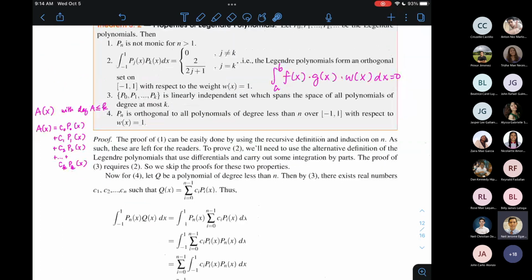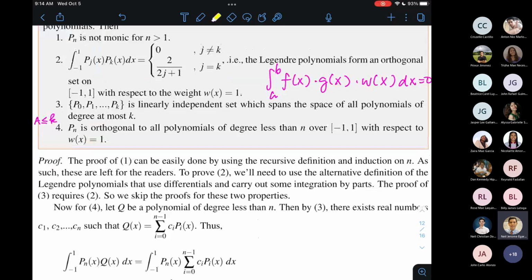Again, unfortunately, sa atin theoretically, pero practically, it's a good thing for you na dun sa proof ng 3, kailangan ko i-manipulate yung properties na magagaling sa proof ng number 2. So kaya hindi ko itatanong sa problem set at hindi ko rin ipoprove sa klase yung property number 3.